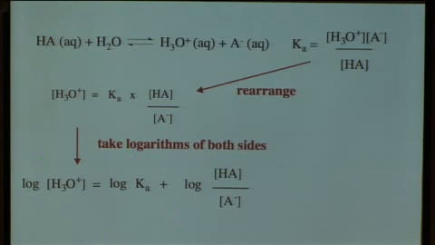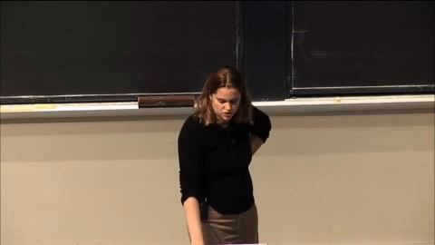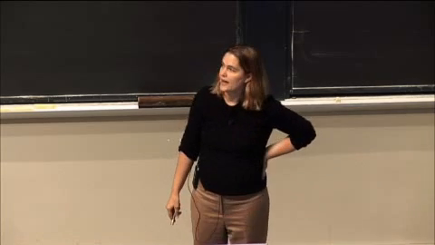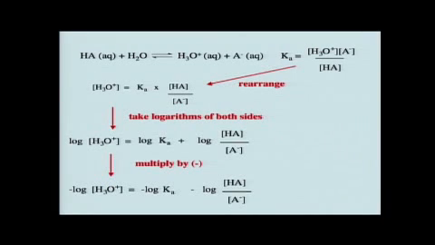So we get the log of hydronium ion concentration, the log of Ka, and the log of HA concentration over A minus concentration. And now we're going to multiply everything by a negative sign. So we have minus logs of things. And I'm just going to move this now up to the top of the screen.